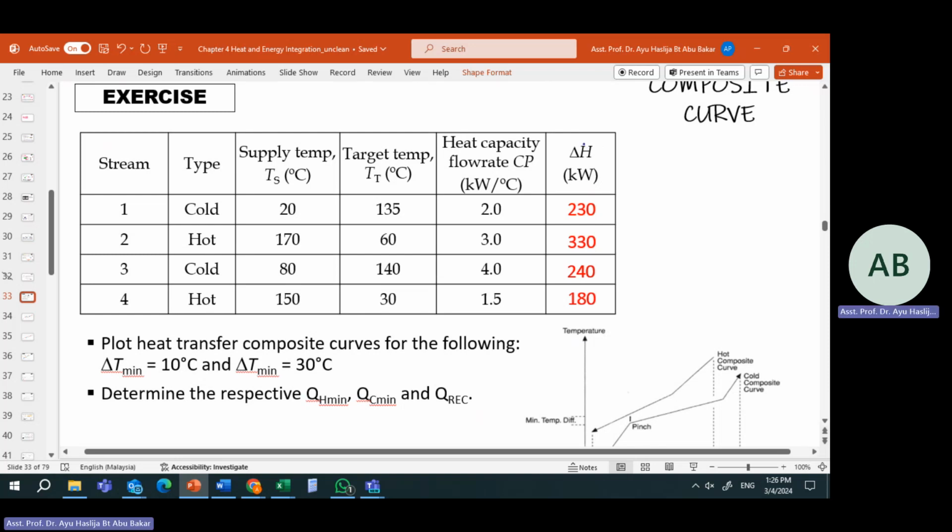Correct. Okay. Thanks, Frank. Now, my question just now. Frank already answered, but I want to know the others. If delta H is not given, how do you want to find the delta H? Basil.